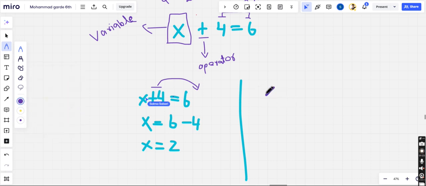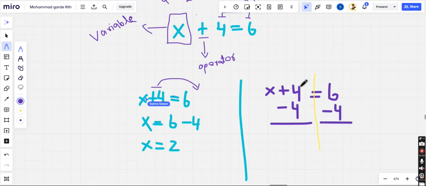we have x plus 4 equal to 6. First of all, you draw a line barrier here, just like this. And now this is positive 4, I want to make it 0, so that's why I subtract 4 from both sides.